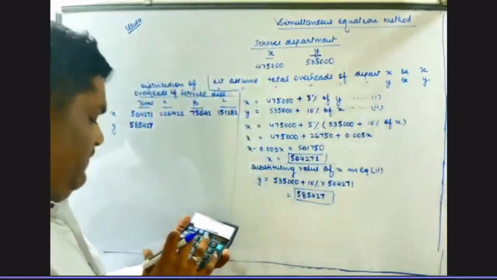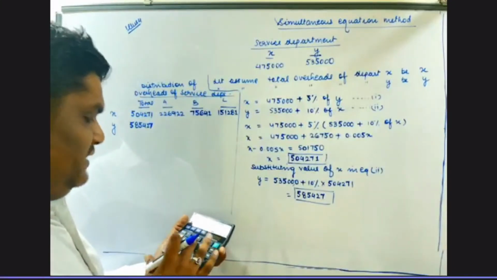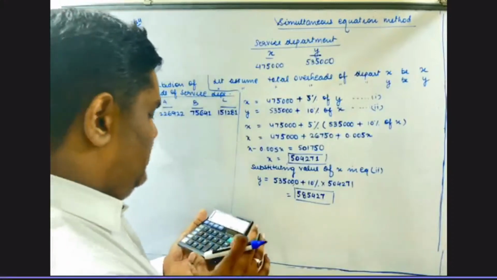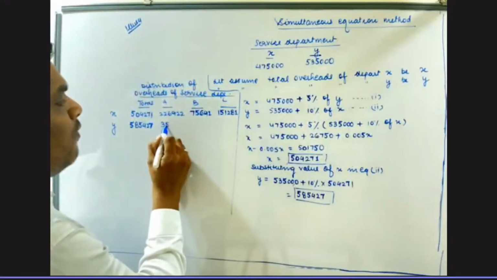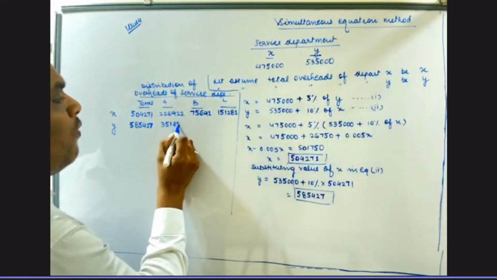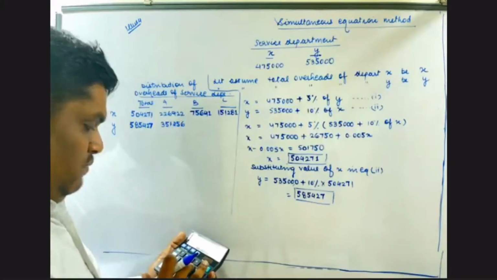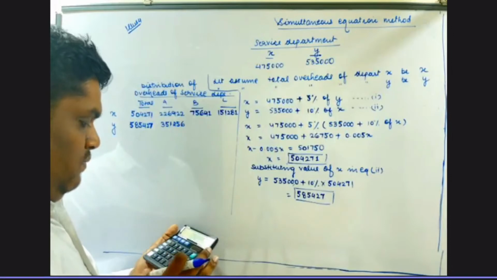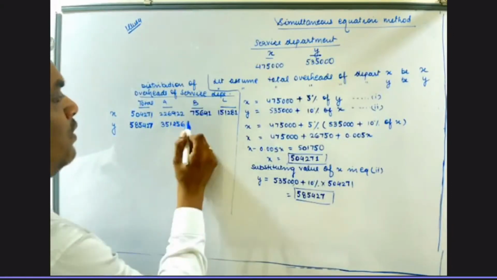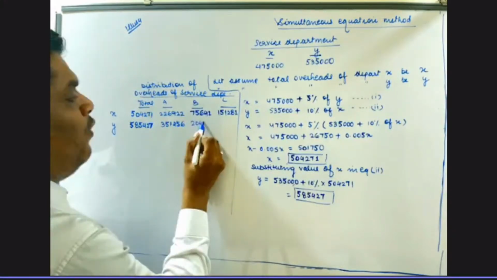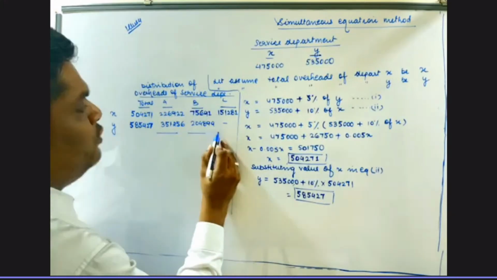So 585,427 into 60% is 351,256. And this will be 204,899. So these are the overheads of service department distributed to A, B, and C.